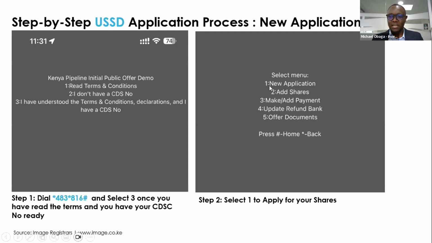So you select option 1 if you're a new applicant, option 2 in case you've already applied for shares and want to add more shares, option 3 in case you had already made an application but now you want to make payments, okay? And of course, option 4 will be used after the IPO in case your bid has been rejected, maybe following another subscription, and you need a refund, then you can still use the USSD application for that.